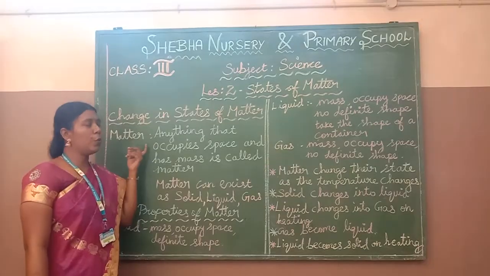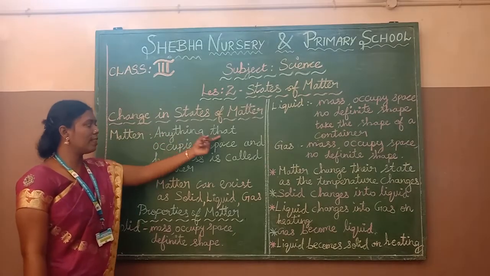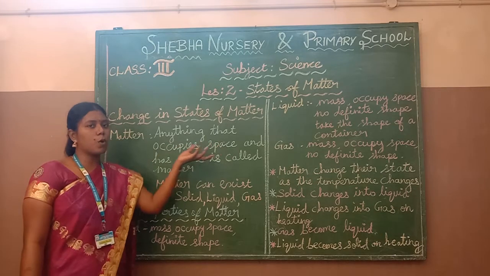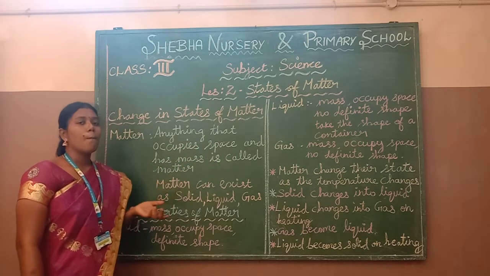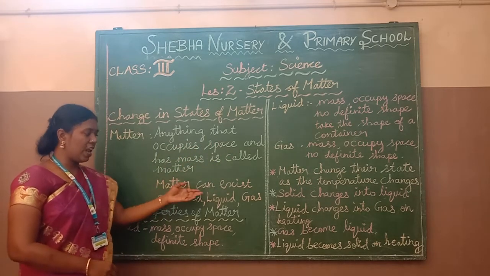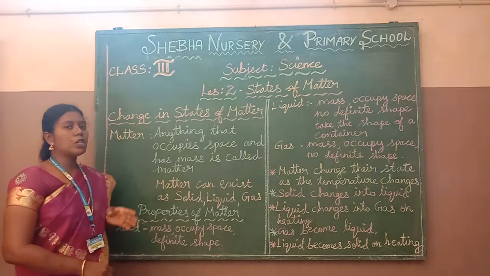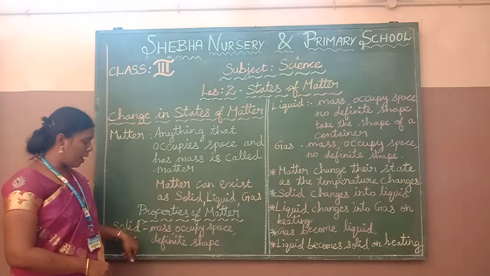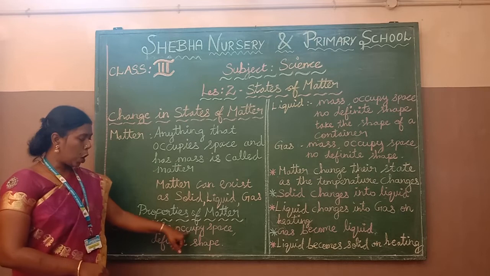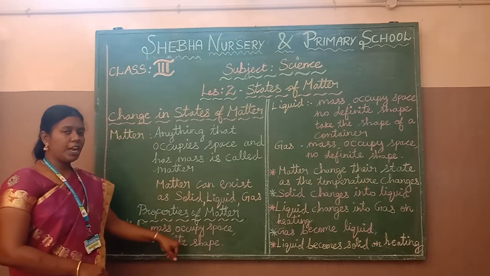I will recap. Anything that occupies space and has mass is called matter. Matter can exist as solid, liquid and gas. Solid has mass, occupies space, and has a definite shape.